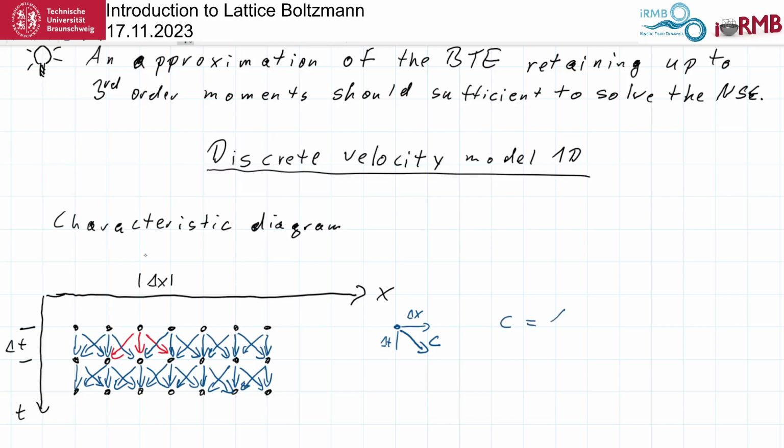C is the one grid spacing divided by delta t, and we call this the lattice velocity. So this is the velocity that you need to have in order to move along in the lattice. And you could have this positive or negative, or it could also be zero, obviously.